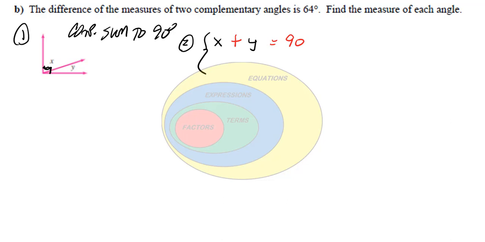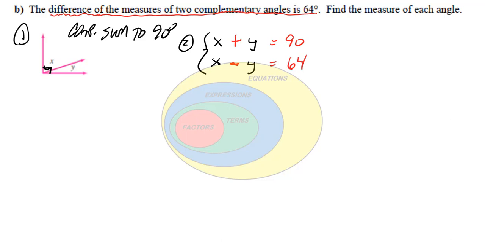Now the other relationship we're going to use is the one that stated the difference of the measure of two complementary angles is 64. So if I take one of the angles and subtract the other, I should get 64. Our system is kind of nice because we know they're complementary, and then we're given a relationship for the other equation.